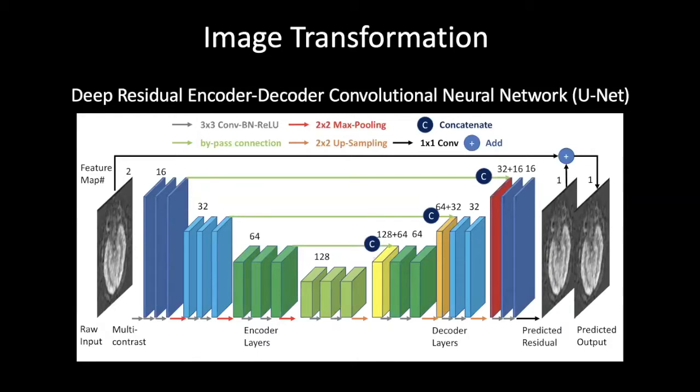So the idea is basically very similar to what I just showed you, where you have multiple encoding layers. And instead of then stopping here and flattening the network and making a prediction, one actually builds up the size of the layers again to whatever size you would like, whatever size your final image might be. And then instead of comparing a different class of image, what you're doing is you're comparing the prediction at each voxel.